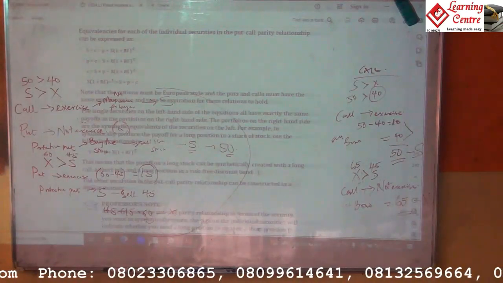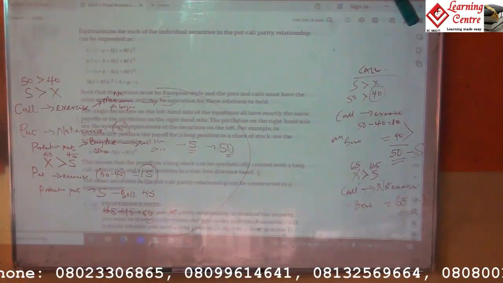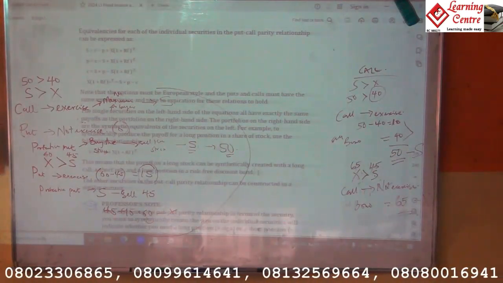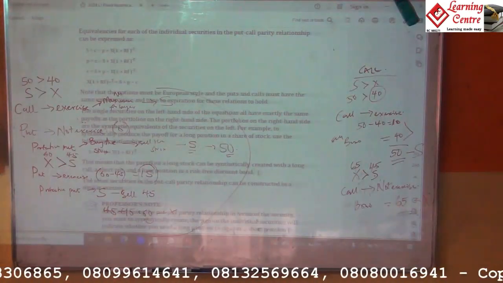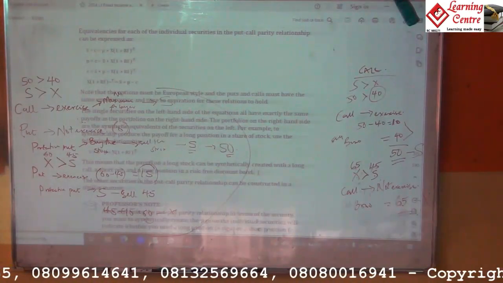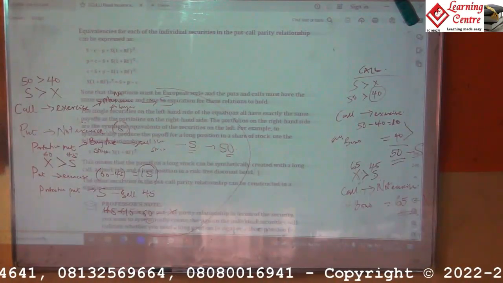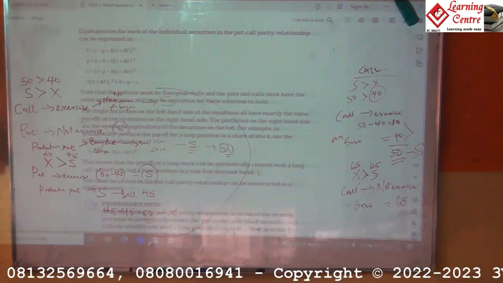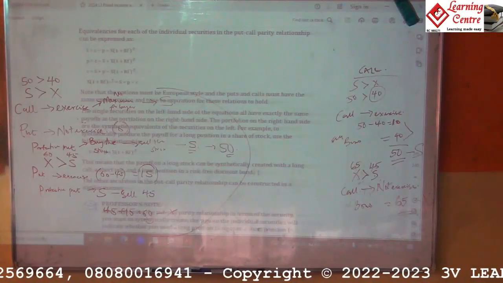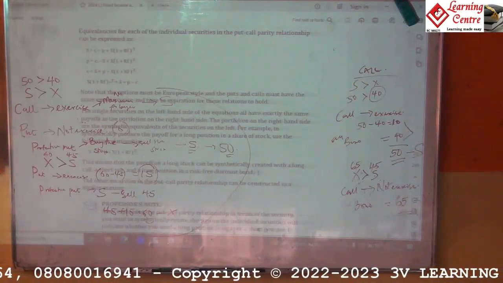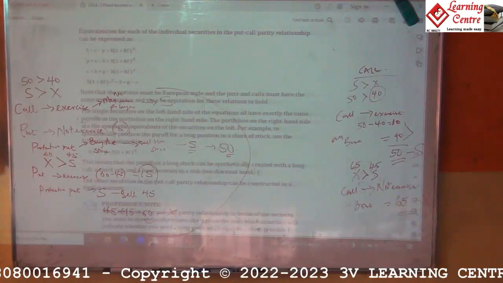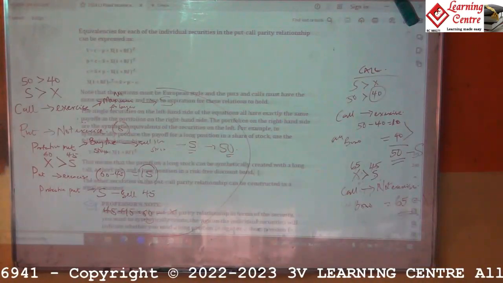We have said protective put is equal to fiduciary call. The protective put is the put and the stock: you are buying the put and you are buying the stock. For the fiduciary call, you are buying the call and the bond. So that's the relationship between them.